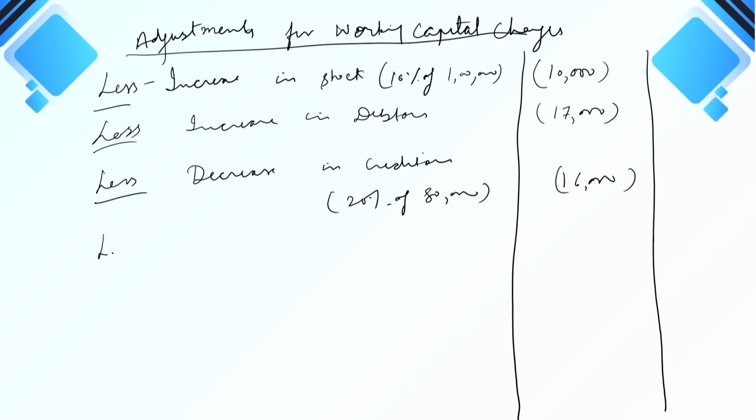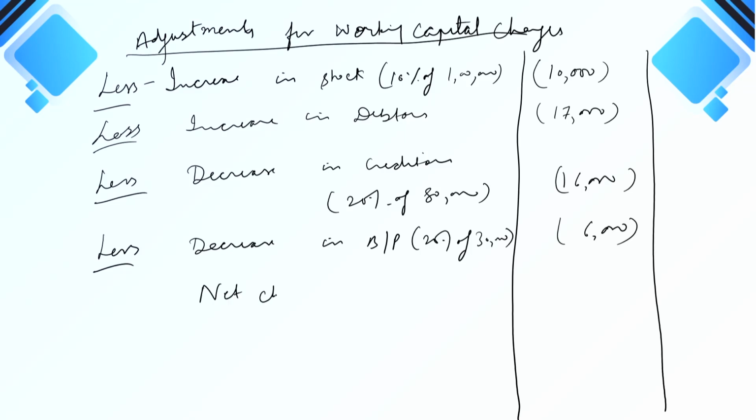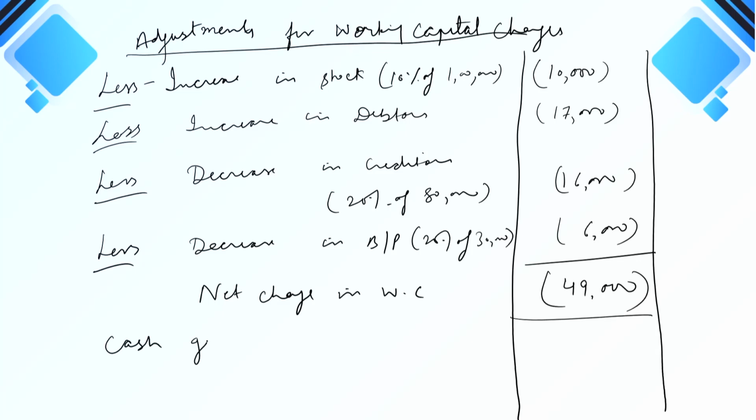And then we have another decrease in bills payable, 20% of 30,000, that is 6,000 rupees. So we can compute the net change in working capital is 49,000 rupees as such.